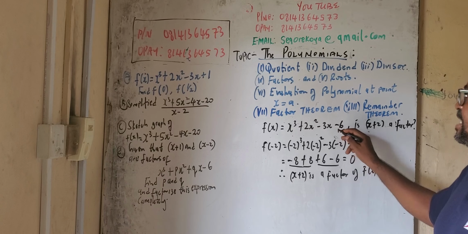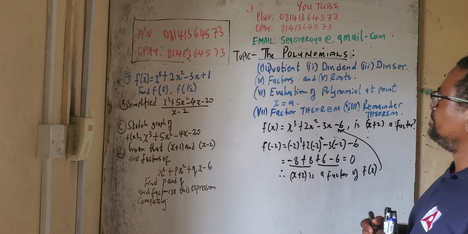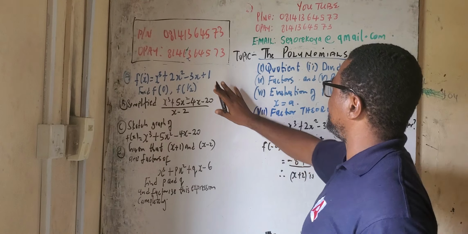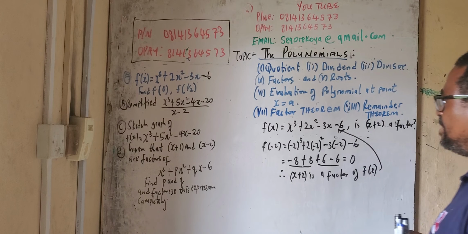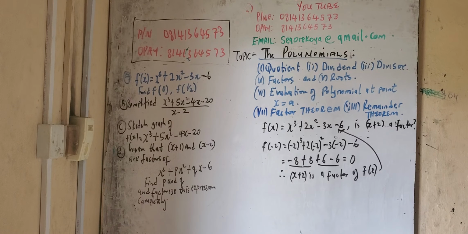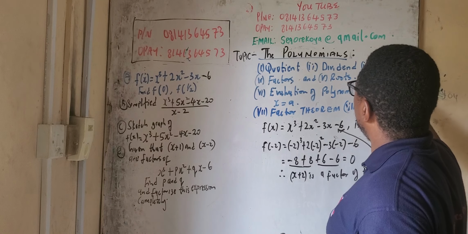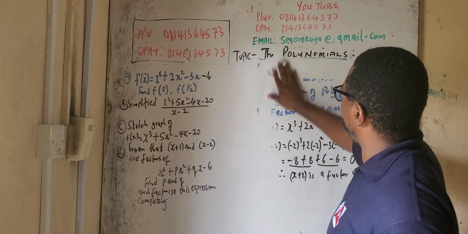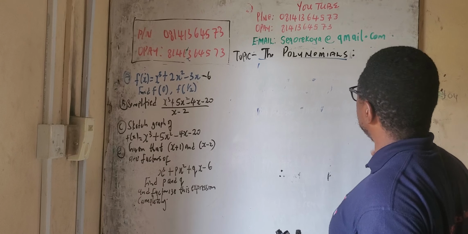So I'm going to change my question here to minus 6 and see what will happen, so that we can be able to sketch the graph of it. Okay, so that is the idea of quotient, divisor, remainder, and dividend.